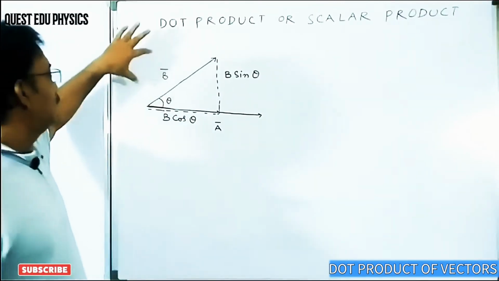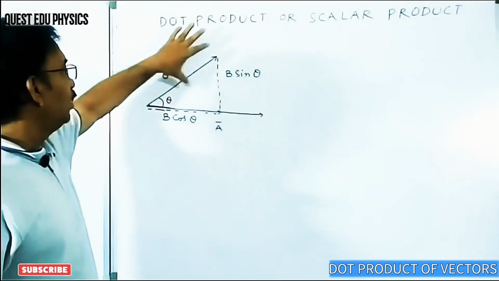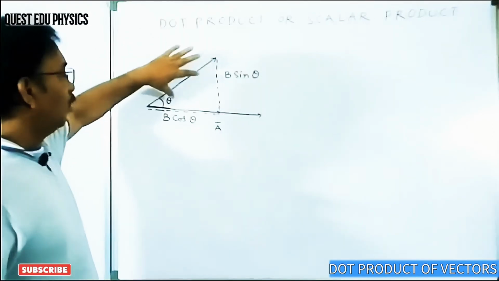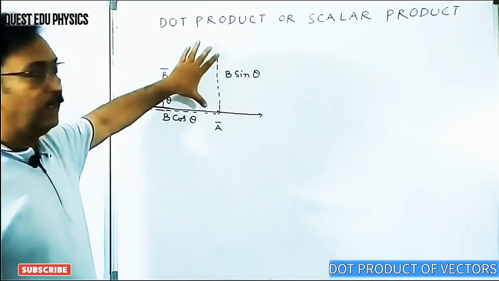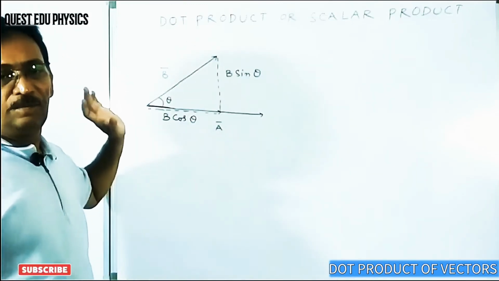See, this vector B is resolved into two components. Along the x-axis it is B cos theta, and along y it is B sin theta.